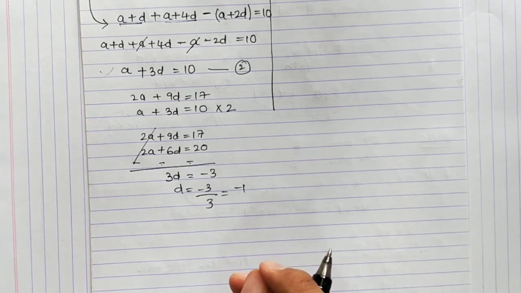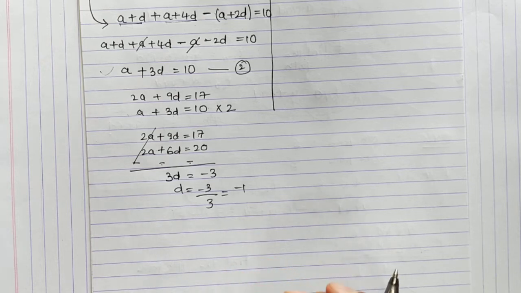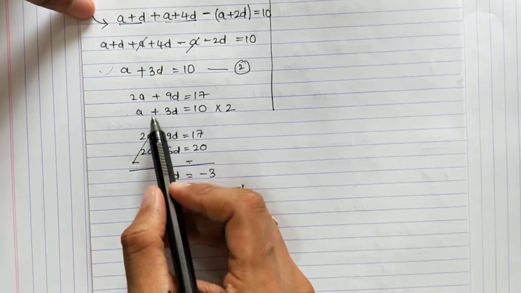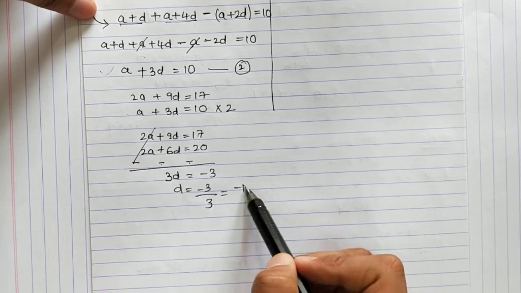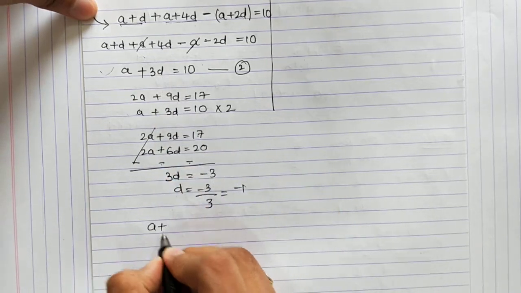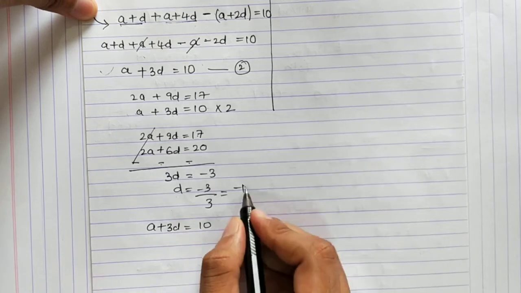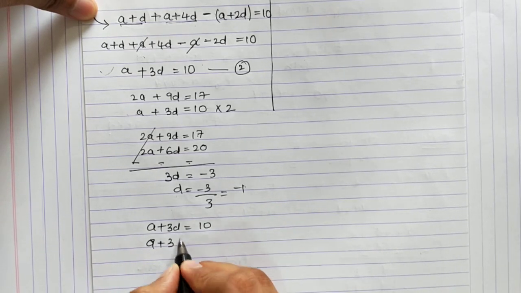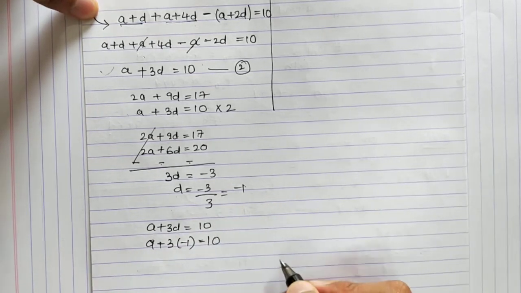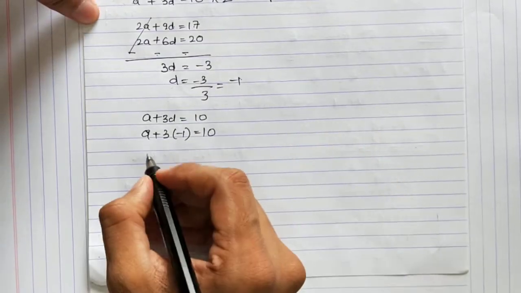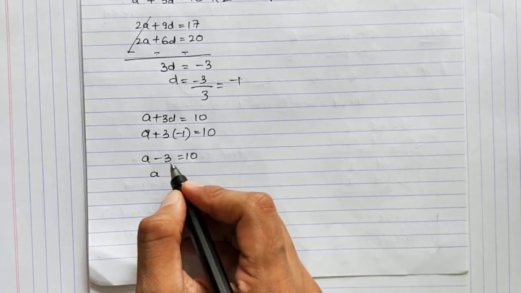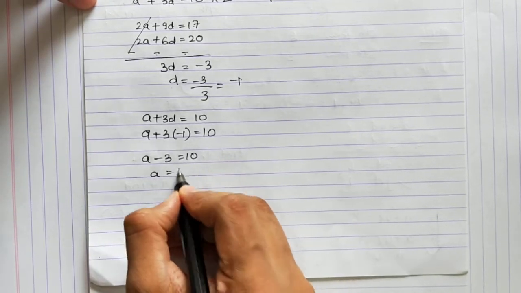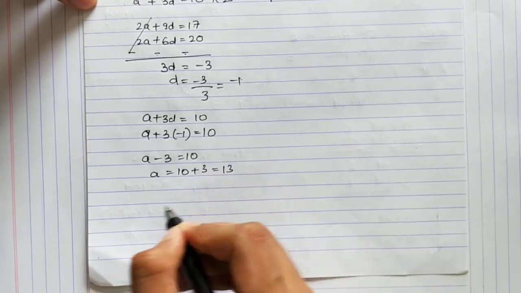Once we have the value of d, we can easily find the value of a. I can take any equation. Let's take this equation, a plus 3d is 10, and put d as minus 1. So a minus 3 is 10, a equals 10 plus 3, that is 13.